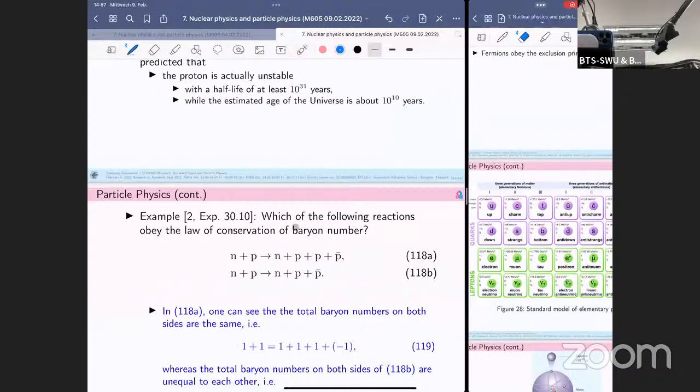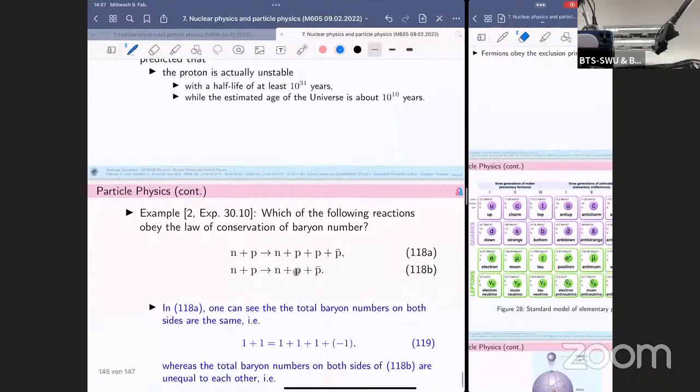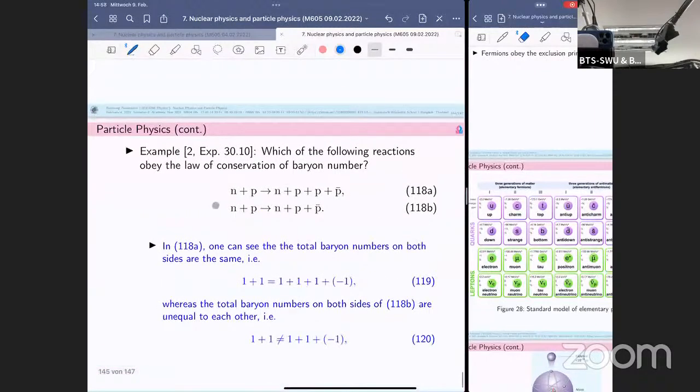Okay, which of the following reactions obey the law of conservation of the baryon number? Well, yeah, this will be the last page for us here. Neutron plus proton to become neutron plus proton and anti-proton.